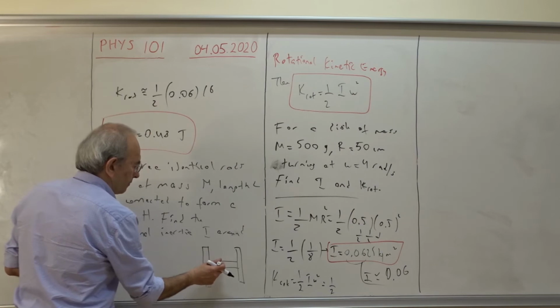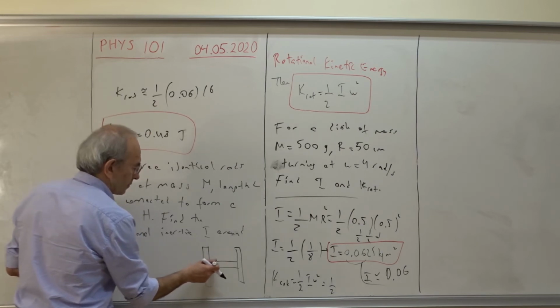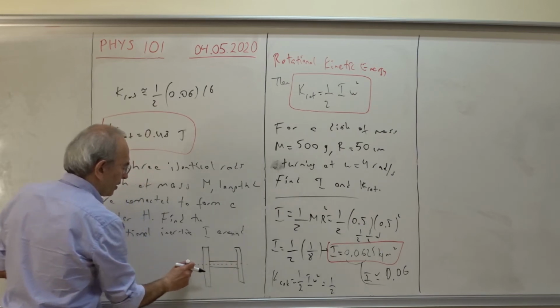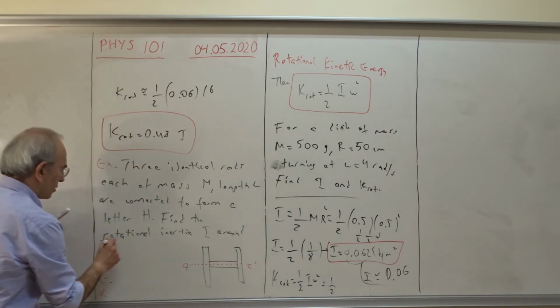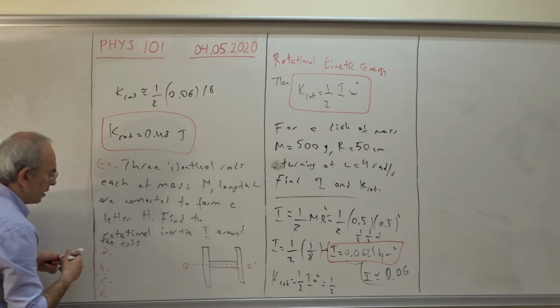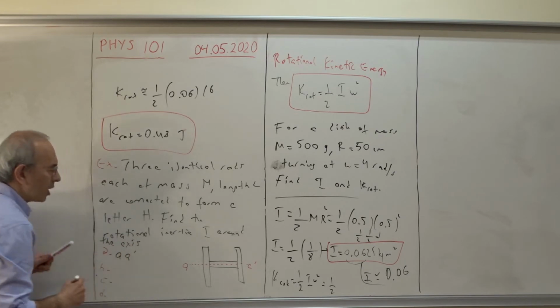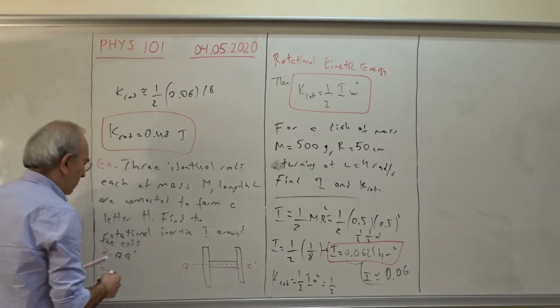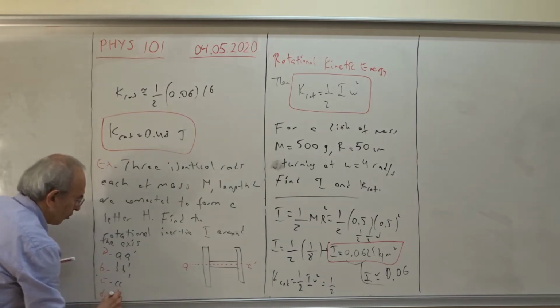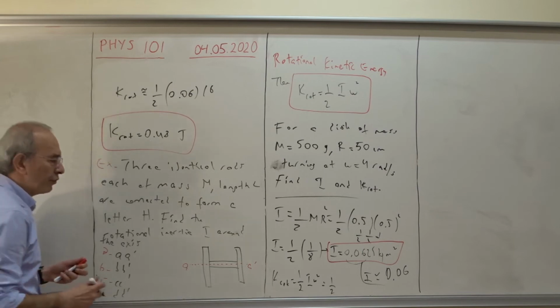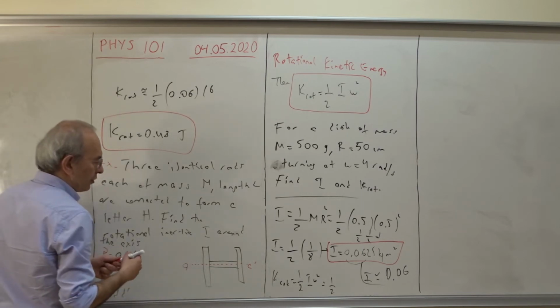Let's say around the axis AA prime, or BB prime, or CC prime, or DD prime. BB prime, for instance, may be this axis.